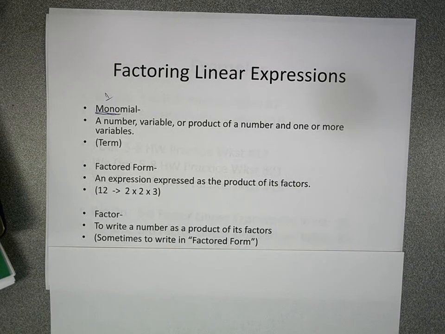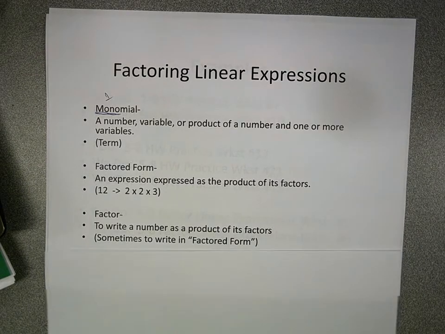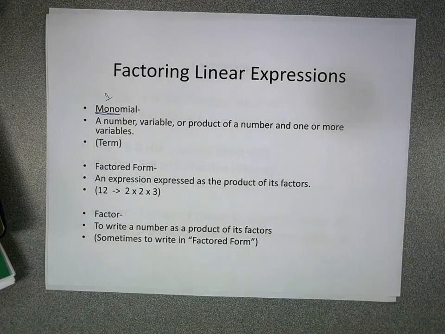So bottom line, factored form is like a noun. It's a thing. It's a way to write numbers. Factor is the verb, the action you're doing to get it into factored form. This, of course, is kind of what we're doing today.